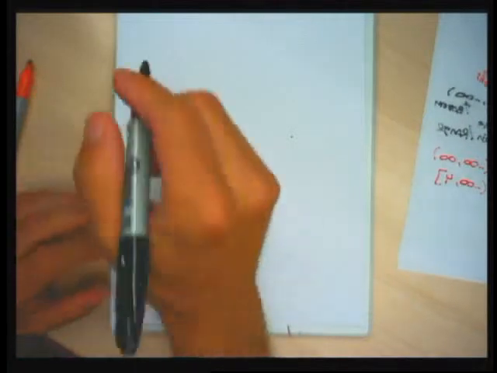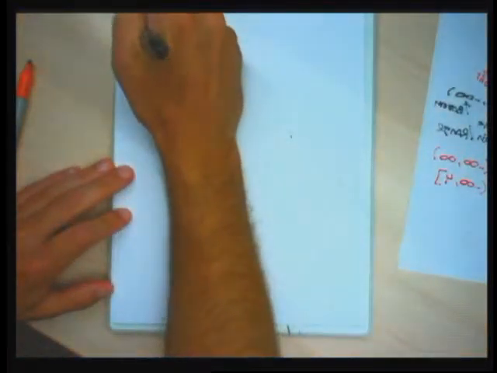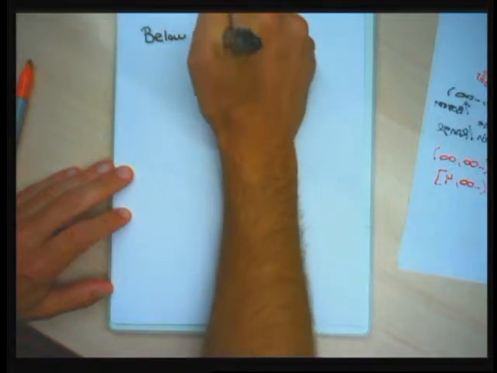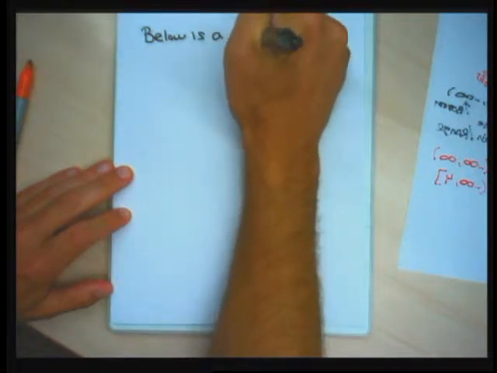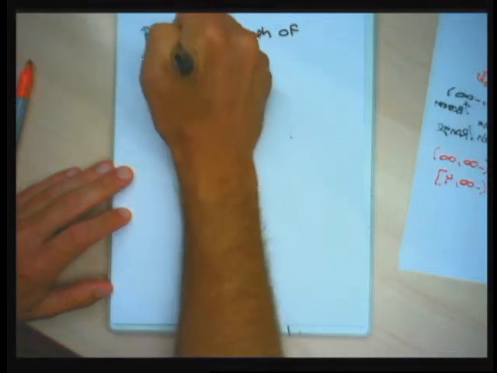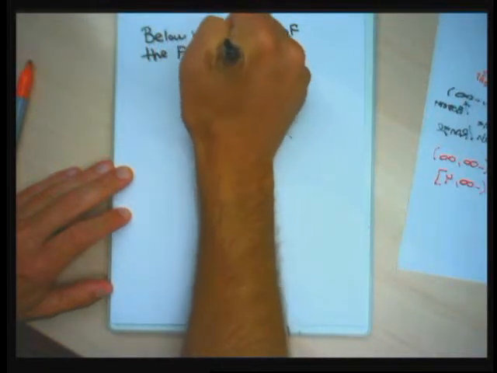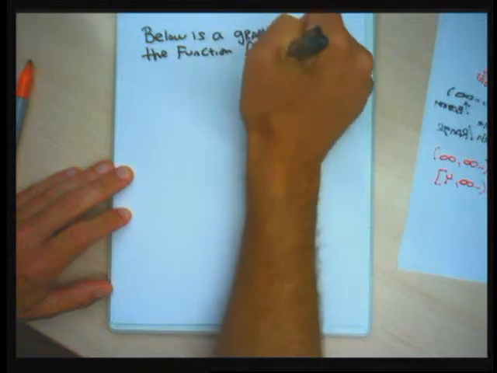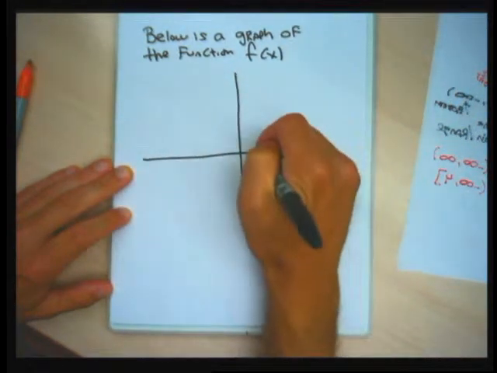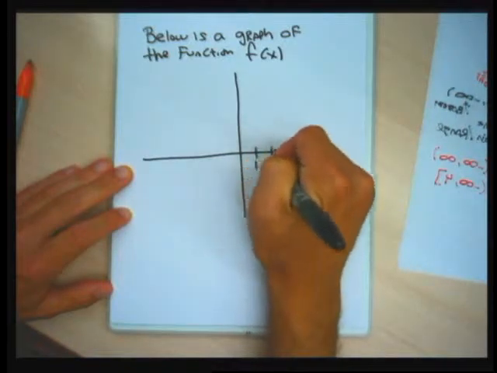I wanted to do a problem from section 3.3 that I hadn't done a review of. So below is a graph of the function f of x. Again, this is not from the handout. This is just reviewing something that I know will be on the test, or that might be on the test.